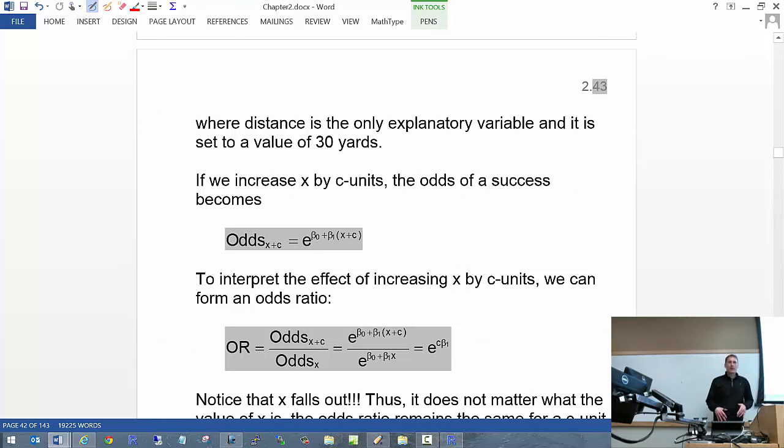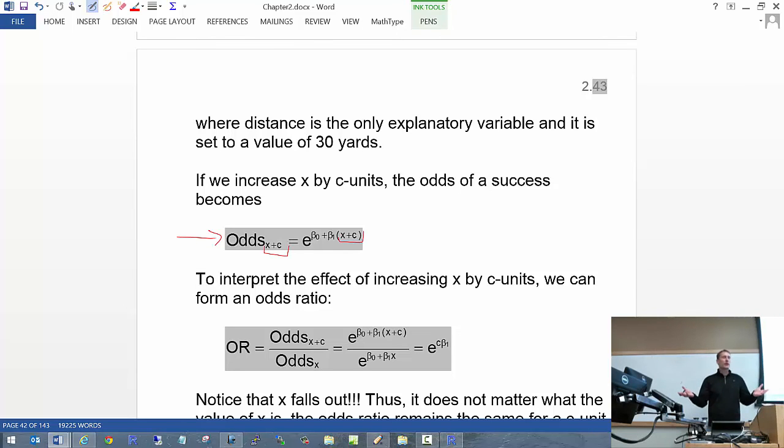Now, oftentimes what we like to do is compare maybe a distance of 30 yards to a distance of 40 yards. Or how about, let's say, we can make the comparison for a C unit increase in distance. So C could be 10. So what we can do is also write out my odds of success on page 43 in terms of an odds of success where now I'm at X plus C. So where we saw X before, I replace it with X plus C. And now let's compare them.